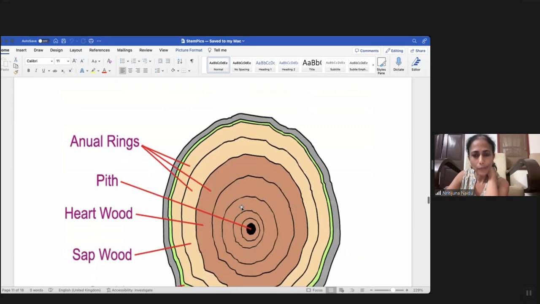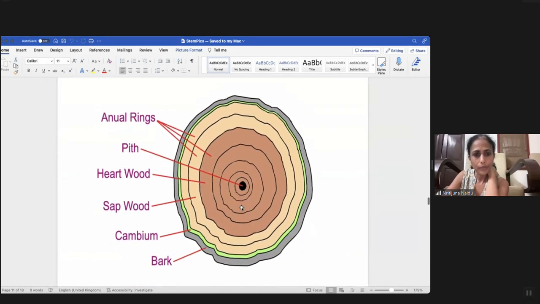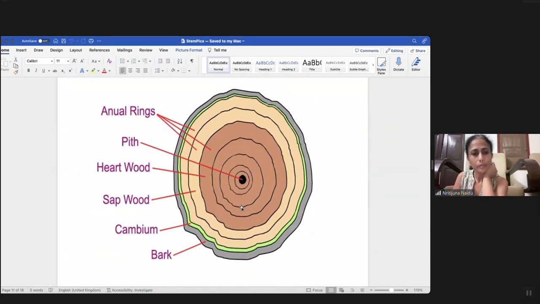Let's look at this picture here. This is a cross section of a tree. Now here you see the bark, the outermost part, which is protecting the tree.